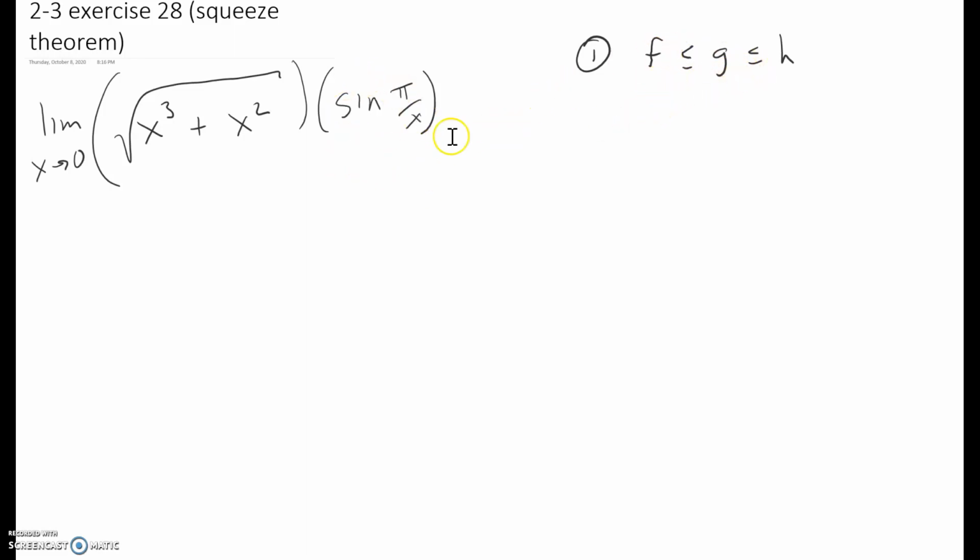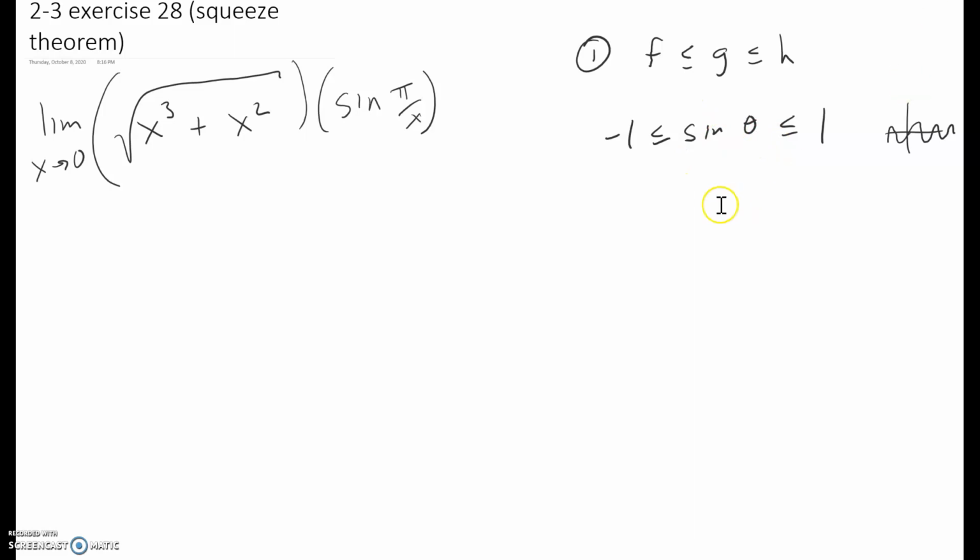Whenever you have anything involving sine and cosine, the trick is to realize that sine of anything, let's say sine of theta, is by the nature of sine always between -1 and +1. If you look at the graph of sine, it just bounces up and down between -1 and +1 forever, regardless of your angle.